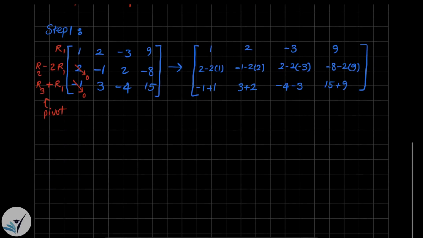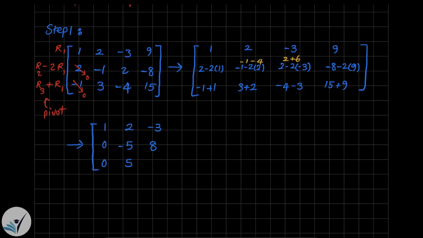Now let's simplify this matrix. On the first column we have 1, 0, and 0. On the second column we have 2, -1 minus 4 is -5, and 5. And then third column we have -3. This entry here, 2 minus 2 times -3 is plus 6, so we have 8.